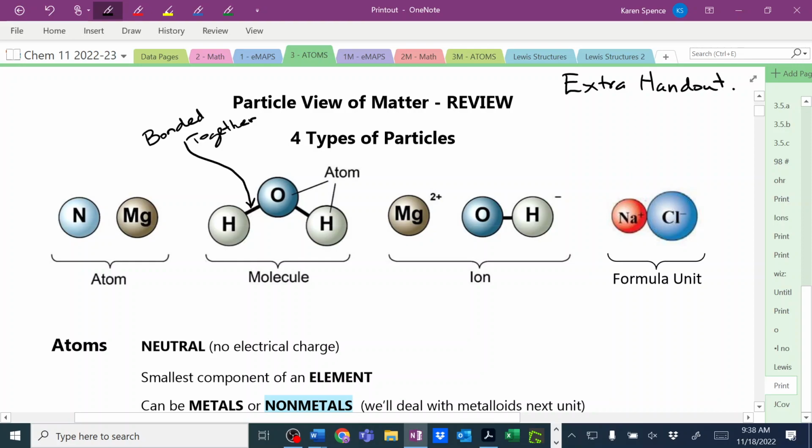What kind of elements make a molecule? Nonmetals only. Okay, so you've got H, which is a nonmetal, O, which is a nonmetal.